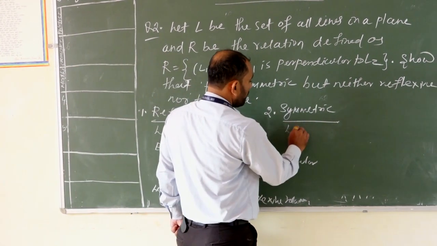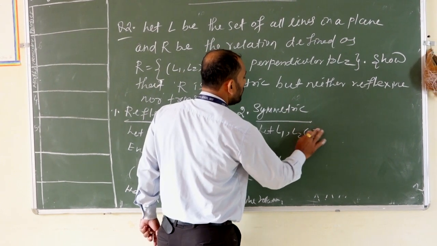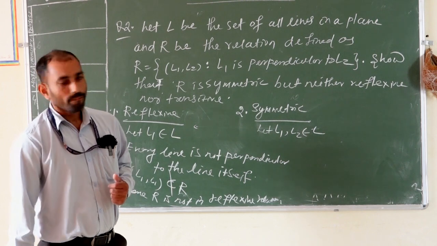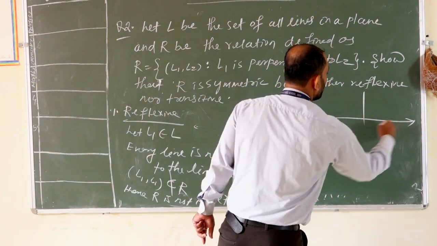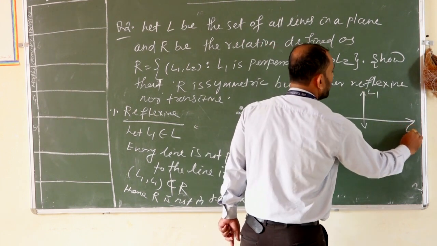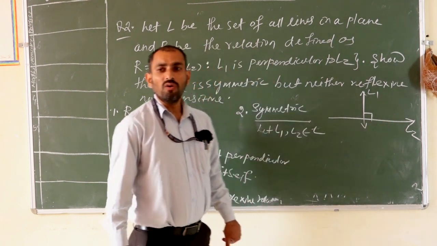Let L1, L2 belong to L. You can pick out any two lines. Now look at this diagram. This is L1 and this is L2. Now L1 is perpendicular to L2.